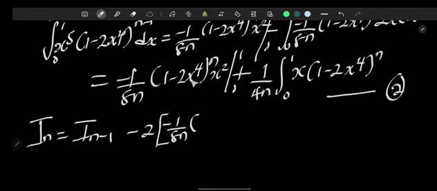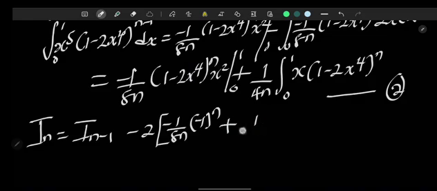So when x is 1, if you put 1 here, 1 minus 2 times 1 raised to the power of 4, that's minus 1 raised to the power of n. So when you substitute 0 here, everything here becomes 0, so I don't need to write that again.